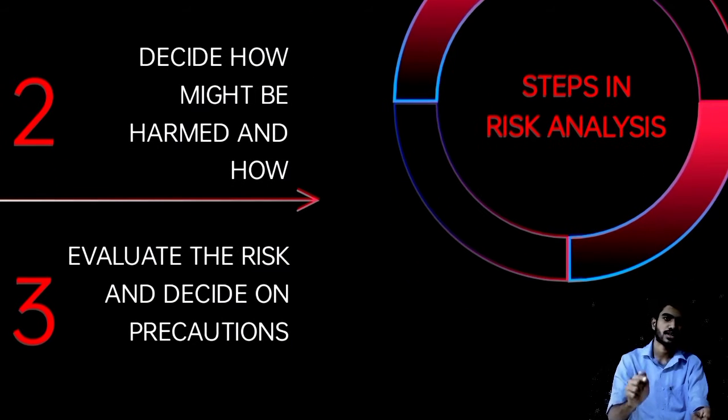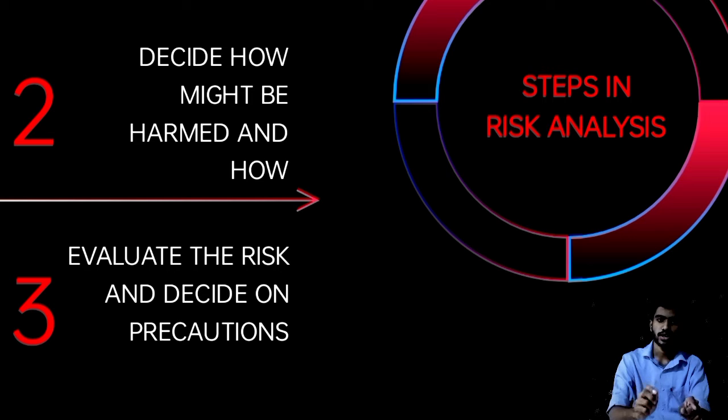And the third step in risk analysis is evaluate the risk and decide on precautions. So, we need to decide how we can get rid of this hazard. Can we get rid of the hazards altogether, or if not, how can we control the risks so that harm is unlikely?